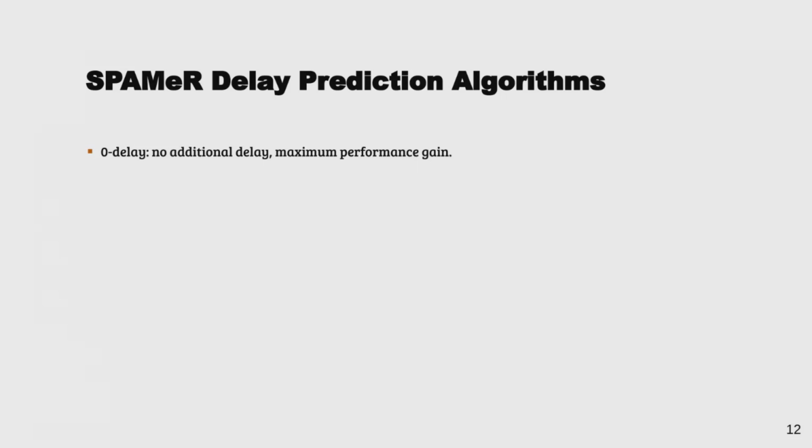Therefore, zero delay algorithm can always hit the very first chance to fill in a consumer cache line and save the latency the most. However, the drawback is the zero delay algorithm could make too many failed pushes.